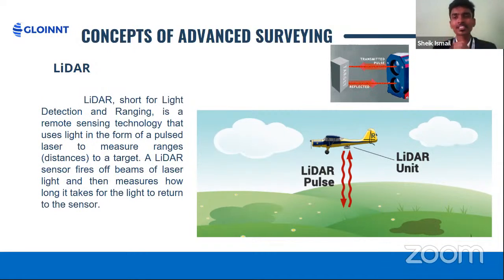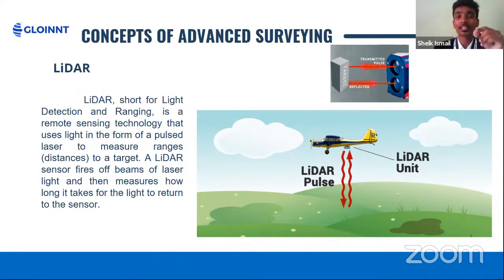See the right side: the LiDAR unit will be mounted on the aircraft. A laser pulse starts emitting, reaches the surface, and gets back to the system. Depending on the time traveled by the laser beam, we can measure the distance.